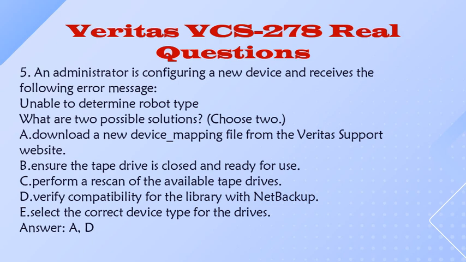B. Ensure the tape drive is closed and ready for use. C. Perform a rescan of the available tape drives. D. Verify compatibility for the library with NetBackup. E. Select the correct device type for the drives. Answer: A, D.